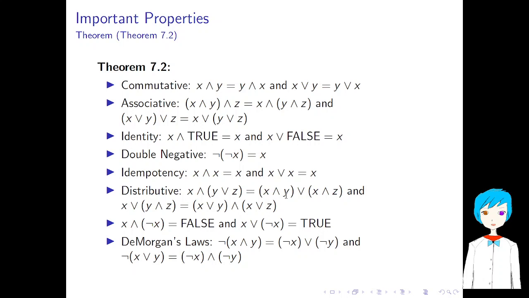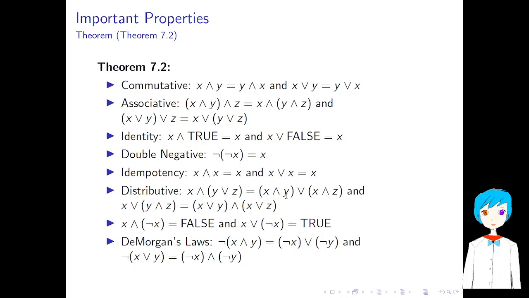Identity, x and true is x, and x or false is x. Double negative is positive, not not x is x. Idempotency means x and x is x, and x or x is x.